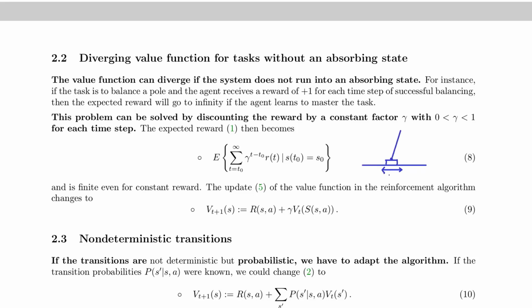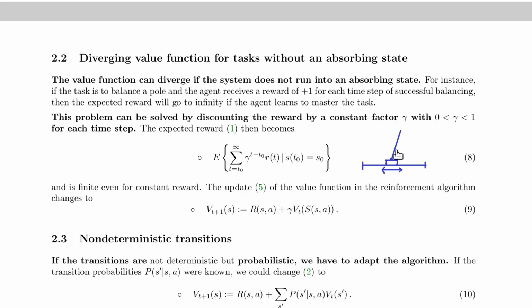The cart can move left and right, and it's limited here on the left and right, so it has to balance the pole within that 1 meter or whatever. Right now it should probably move to the right so that it balances the pole.